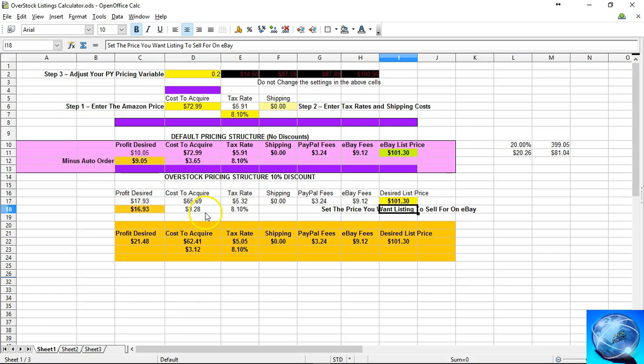Okay, now I'm also going to get $3.28 in O dollars. Now, if I wanted to take that $3.28 and put it right into my cost, I could do that, and my cost would be $62.41. That's $65.69 minus $3.28. And if I sell it for $101.30, I'm now going to make $21.48 profit, and I'm going to get $3.12 cash back with O dollars toward my next purchase.